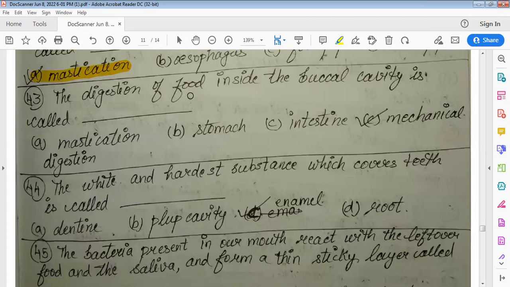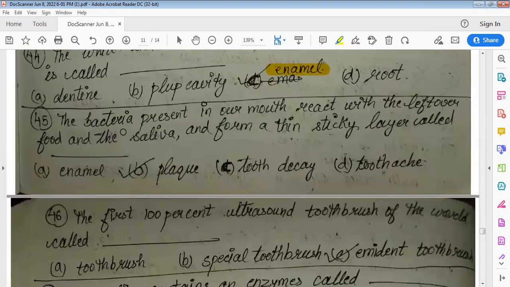The digestion of food inside the buccal cavity is called mechanical digestion. The white and hardest substance which covers teeth is called enamel. The bacteria present in our mouth react with the leftover food and the saliva and form a thin sticky layer called plaque.